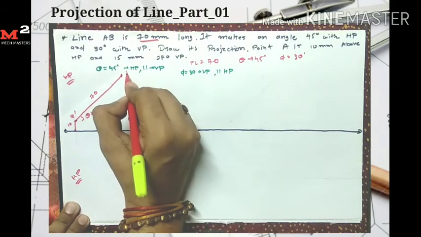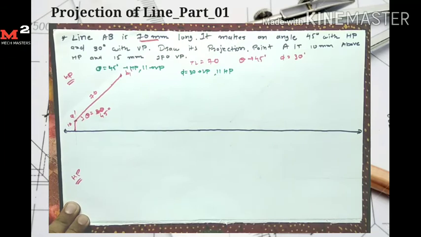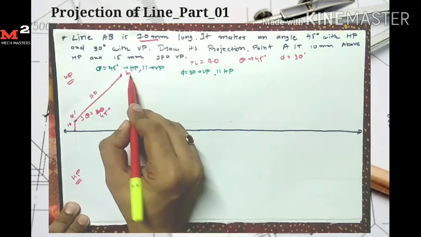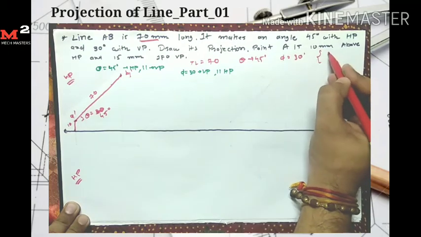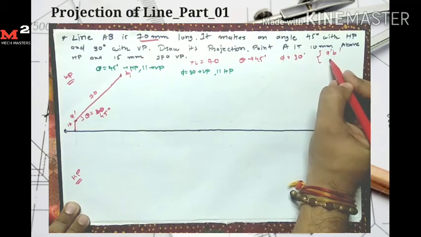Here I give the name B1 dash, because this is not my final front view. At the end I find the final front view A dash B dash and the final top view AB.